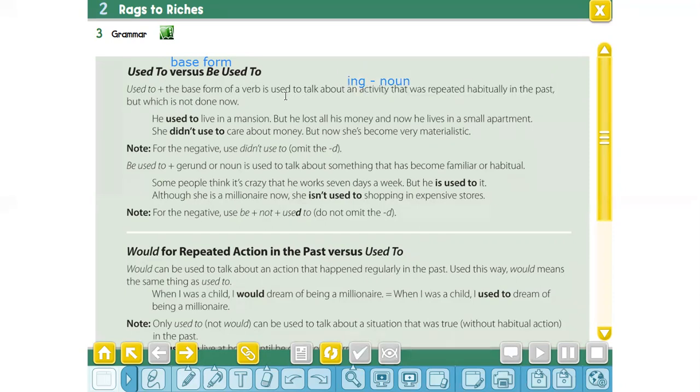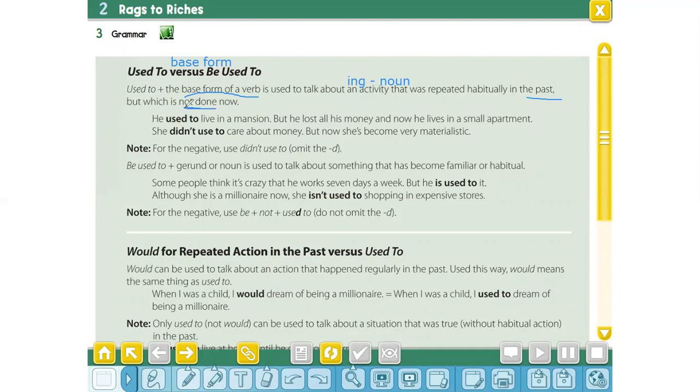Okay. What's the difference in meaning between them? We use used to plus base form of the verb to talk about an activity that was repeated habitually in the past, but which is not done now.